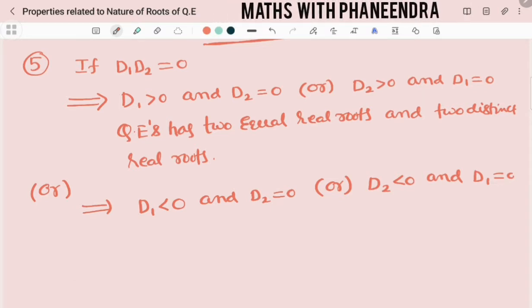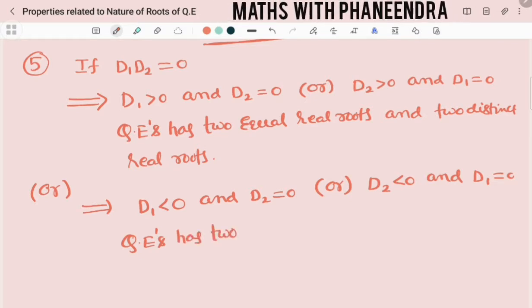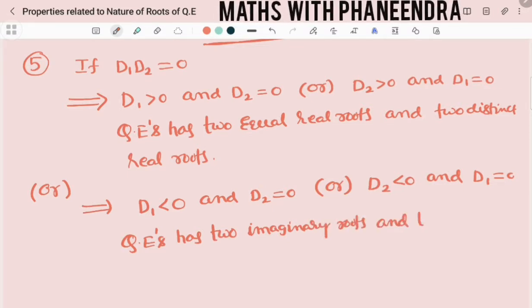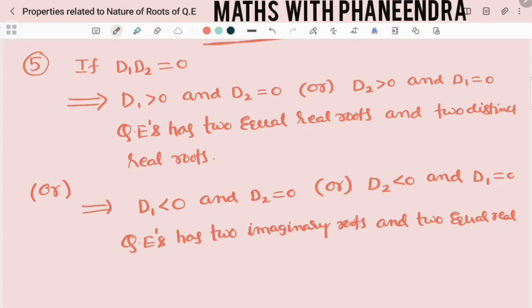That implies that for the quadratic equation with d less than 0, we get imaginary roots, and with d equal to 0, two equal real roots will come. So less than 0 means two imaginary roots, and equal to 0 means two equal real roots. You can write it either way.